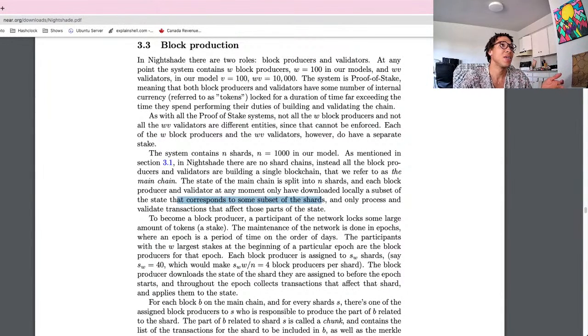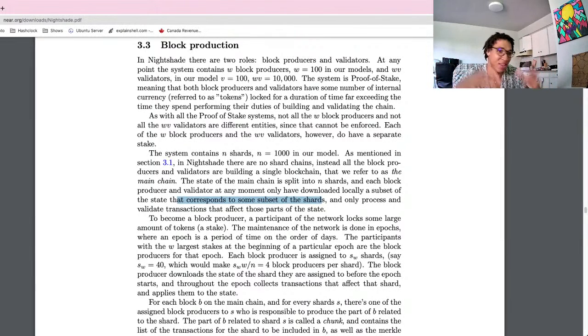So basically, instead of having all these different shards that are their own localized areas, it's almost as if with Near, instead of having a huge world like Ethereum, where you have all these cities that aren't connected, but they all speak the same language and all go to the internet together.